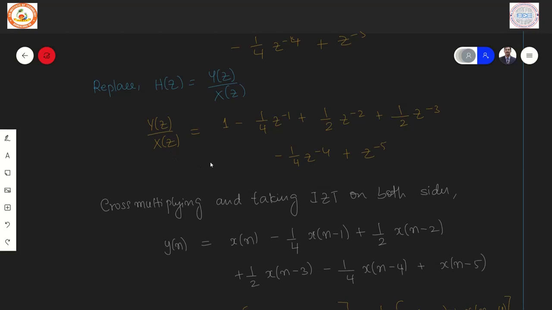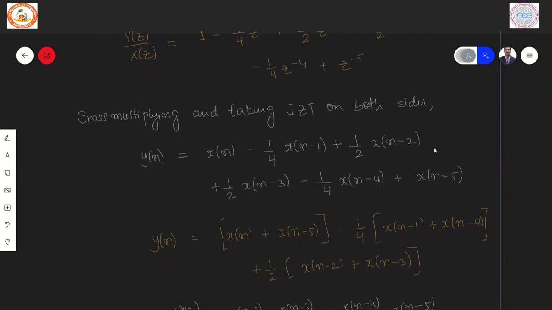Then applying the inverse Z transform on both sides, on the LHS we get y of n, and on the RHS we have x of n minus 1 by 4 x of n minus 1 plus 1 by 2 x of n minus 2 plus 1 by 2 x of n minus 3 minus 1 by 4 x of n minus 4 plus x of n minus 5.